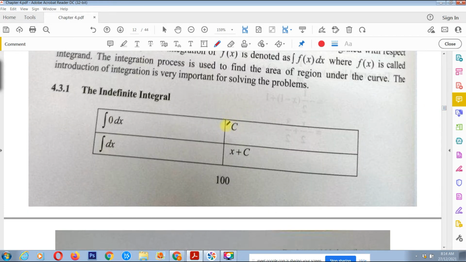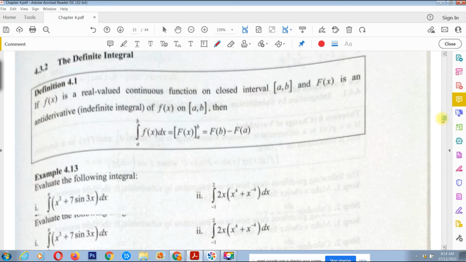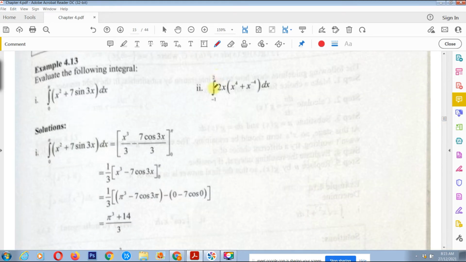But by using a definite integral, where we have values from where to where, we can find the c value.